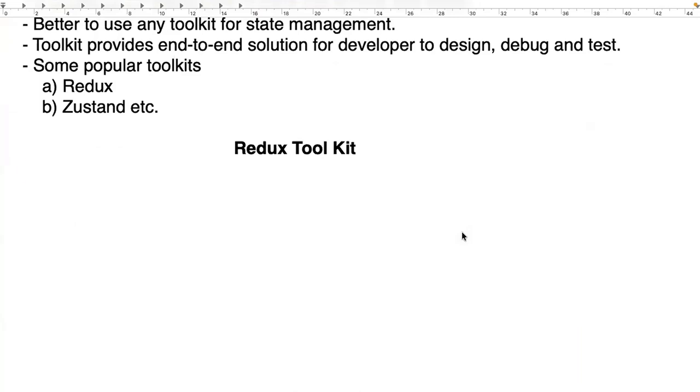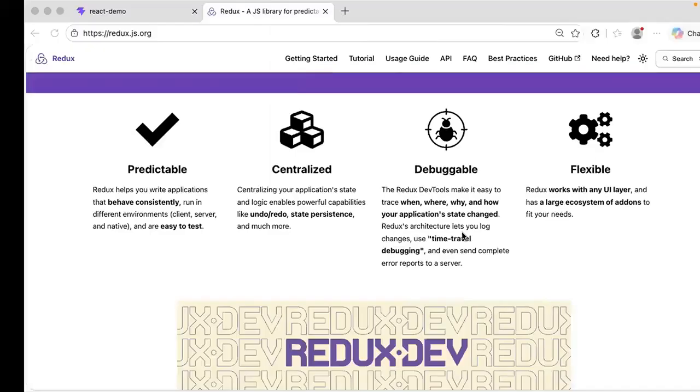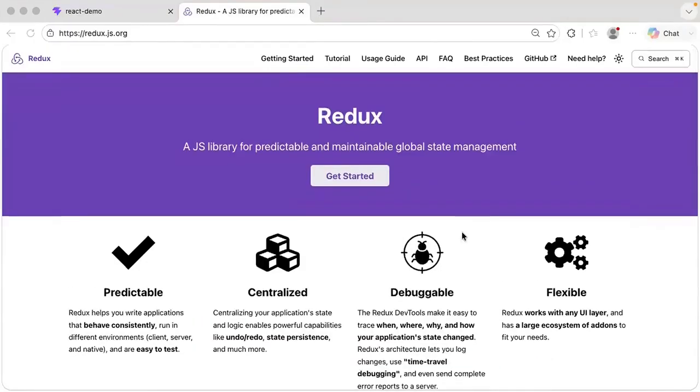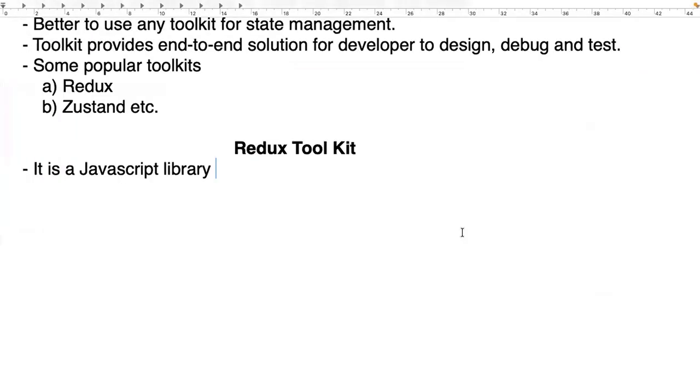So what is Redux toolkit? It is a JavaScript library for predictable and maintainable global application state.